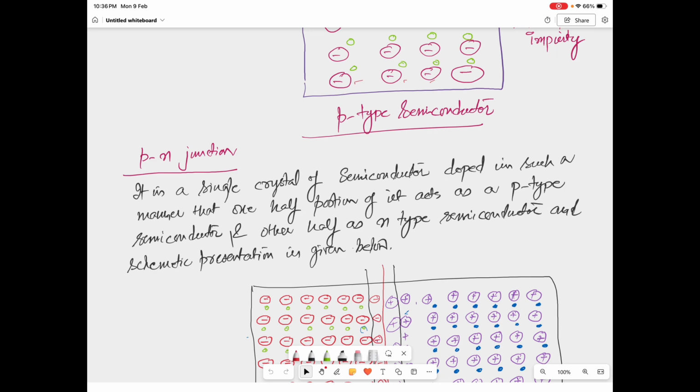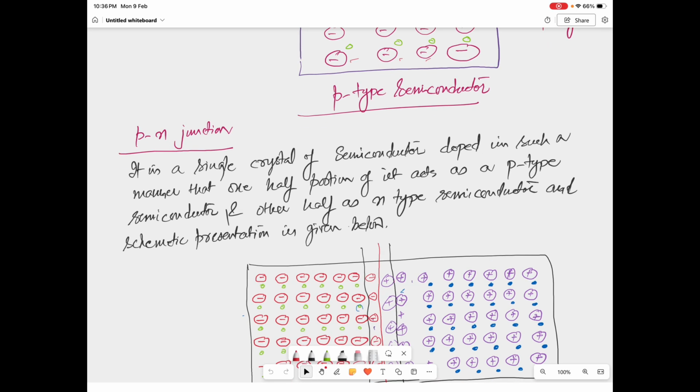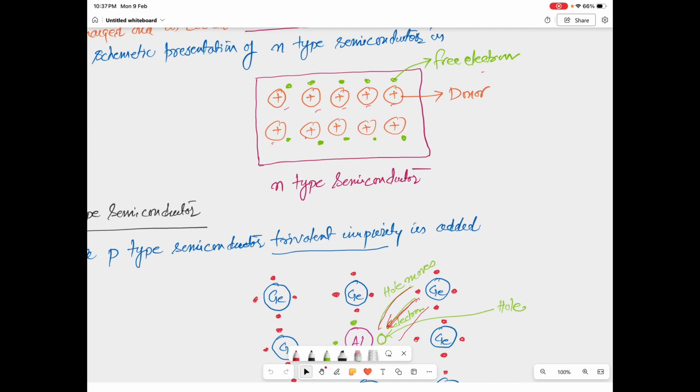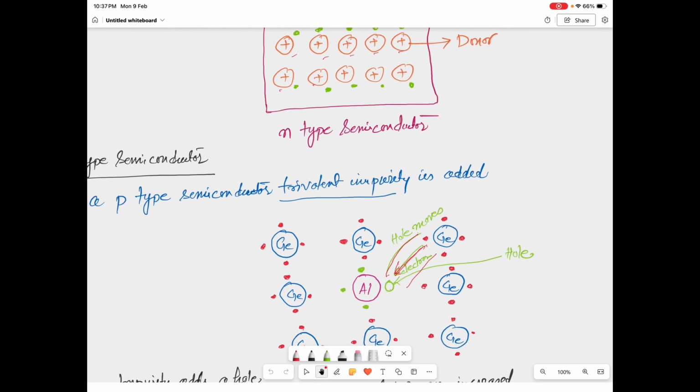Now we come to the PN junction. I hope you now understand what N-type and P-type semiconductors are. For a revision, N-type semiconductors have electrons as the majority charge carriers and positive donors, which increase the number of electrons.